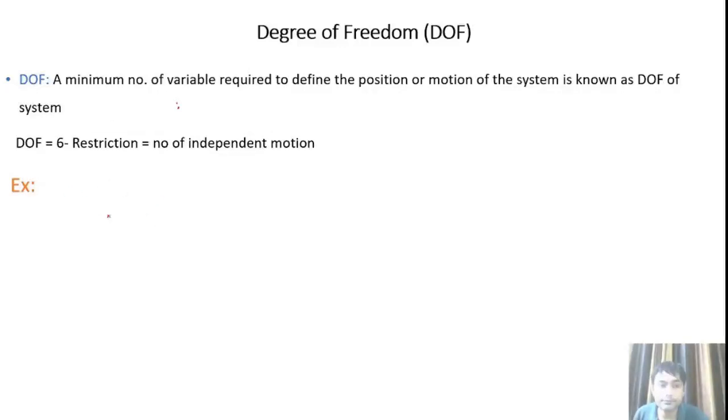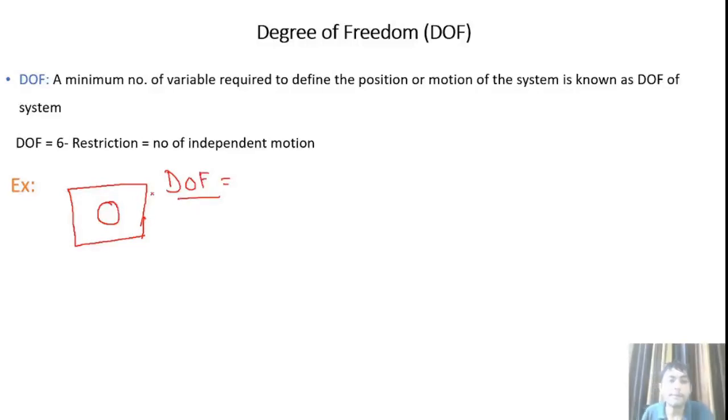Let there be a plane surface on which there is a sphere. This is the plane surface, and this is the sphere. Now, how many degrees of freedom does it have? Think.